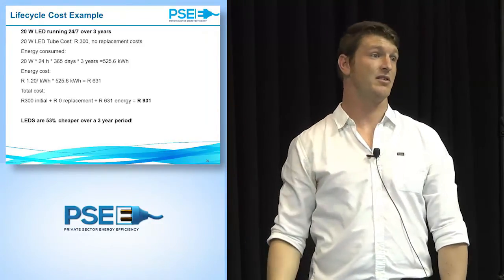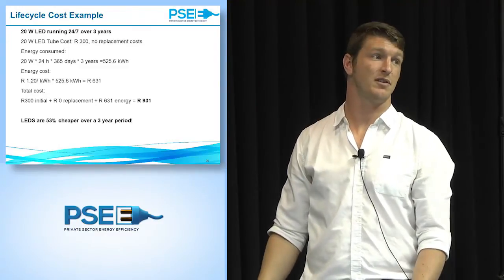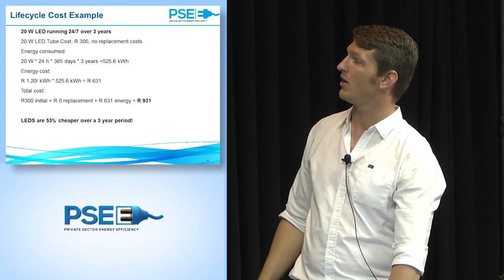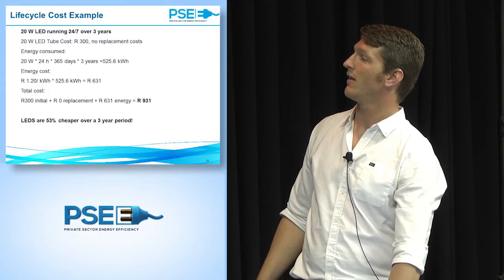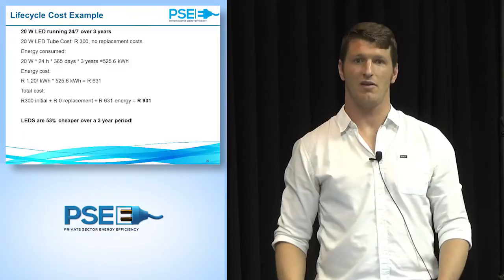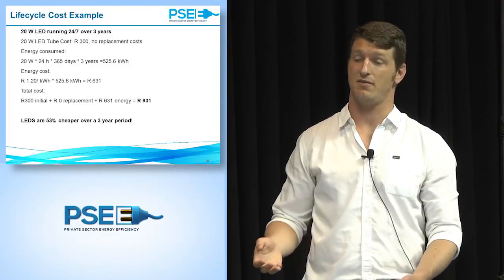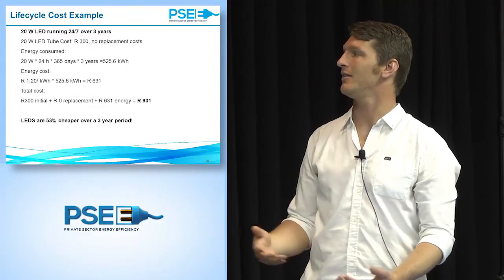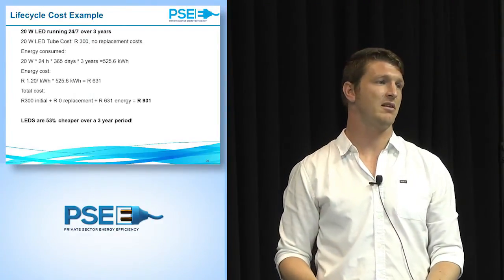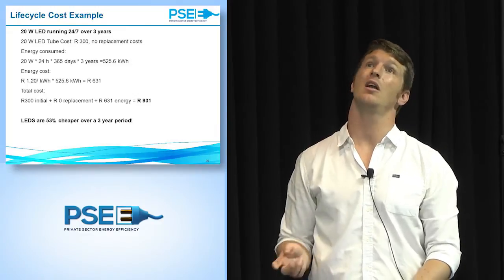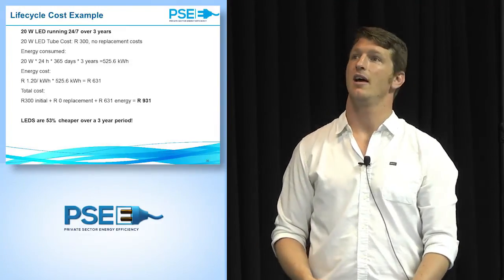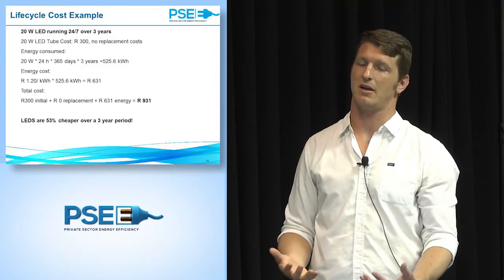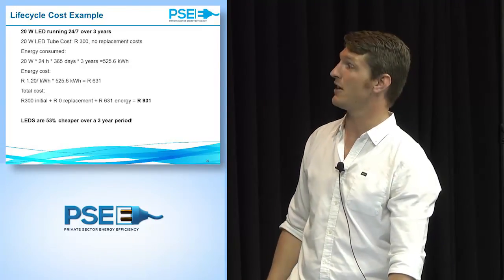So we're sitting at 931 Rand for the total cost over a 3-year period, which means that we are saving 53% of our energy costs over a 3-year period, excluding inflation, right? So it'll probably be more, and in total we're saving about 1,050 Rand over a 3-year period per light, which is a significant value. And if you look at a scenario like this, it becomes a significant portion of energy and cost that we're saving.